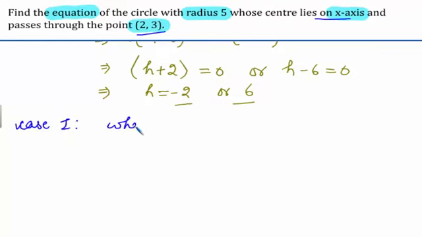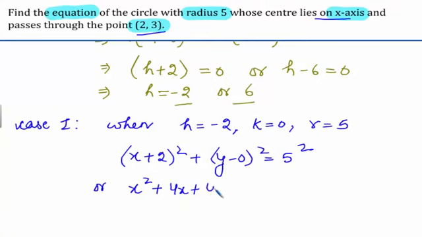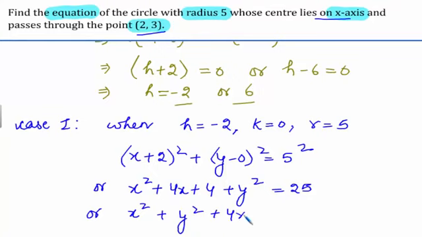Case 1, when h is equal to minus 2, k is 0 and r is equal to 5, then the equation of the circle is x minus of minus 2, that is x plus 2 whole square, plus y minus 0 whole square is equal to 5 square, or this can be written as x square plus 4x plus 4 plus y square is equal to 25, or this can be written as x square plus y square plus 4x minus 21 is equal to 0.